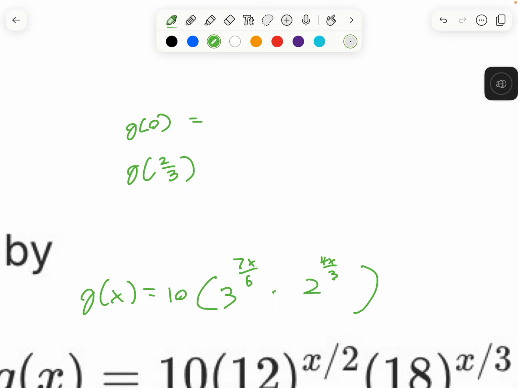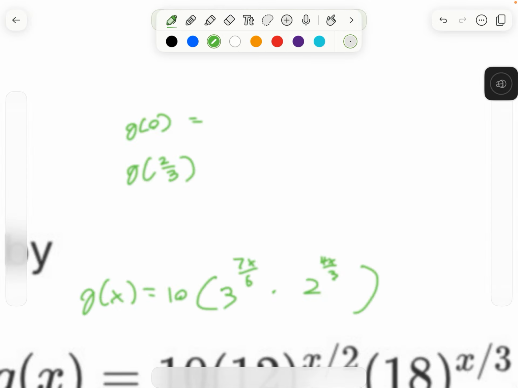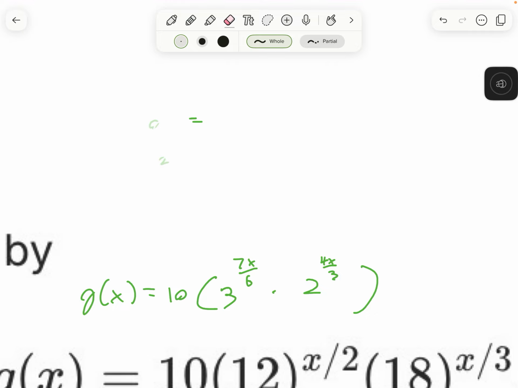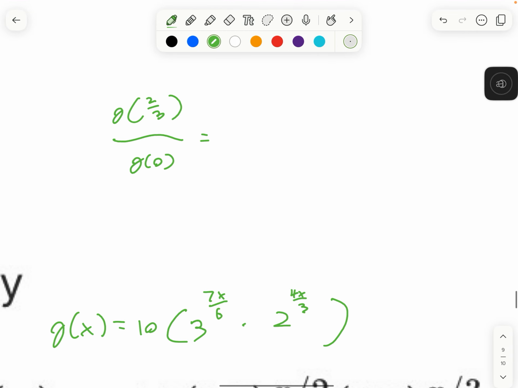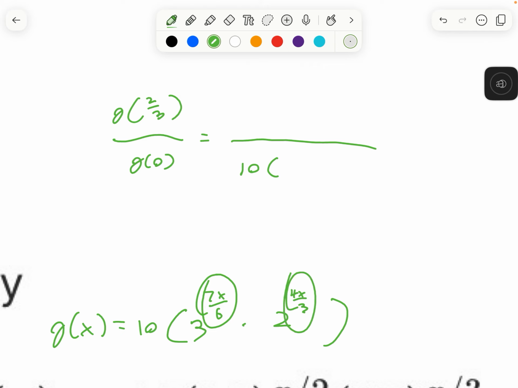Well, I'm going to rewrite it like this, and I'll explain why: this is g of 2/3, and this is g of 0. Now when you plug this in, if you plug in 0 here and 0 here, you'll get 3 to the 0 times 2 to the 0.